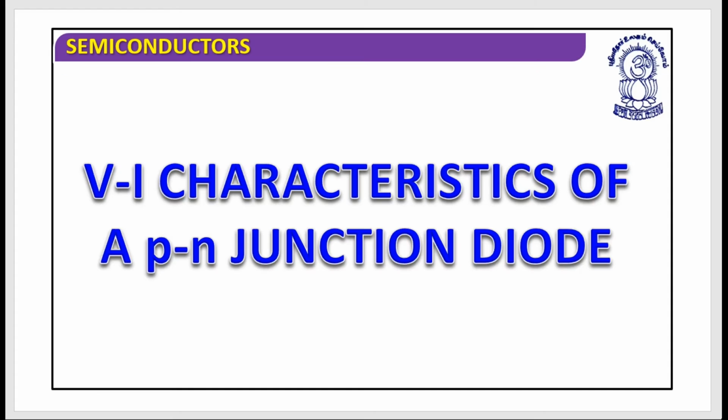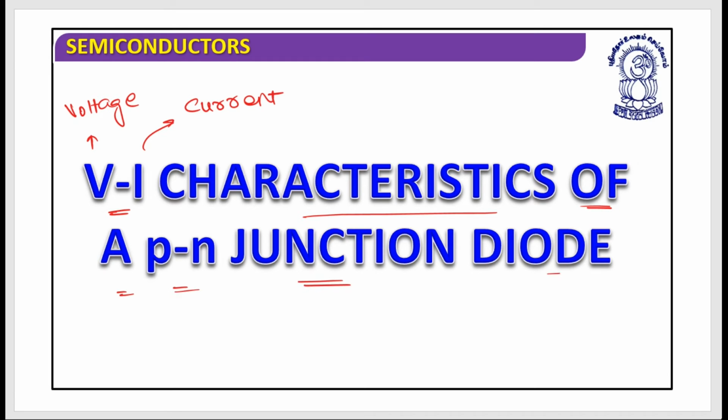Great. Now let's discuss the VI characteristics, that is, voltage versus current characteristics of a PN junction diode.